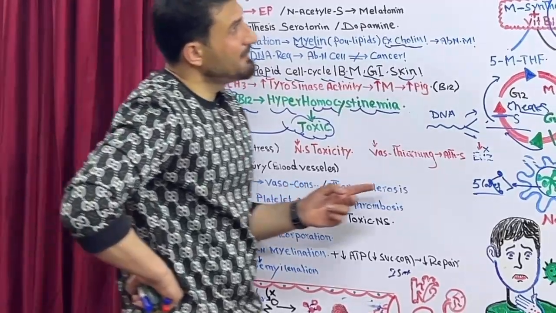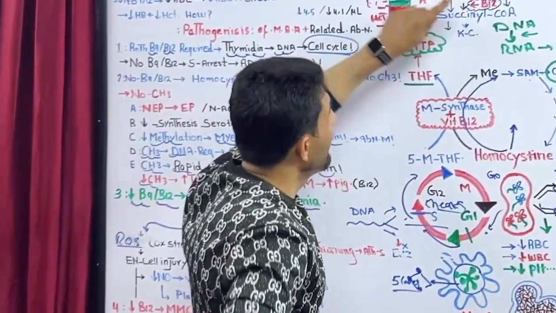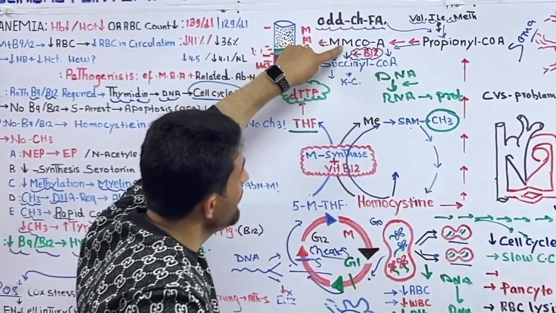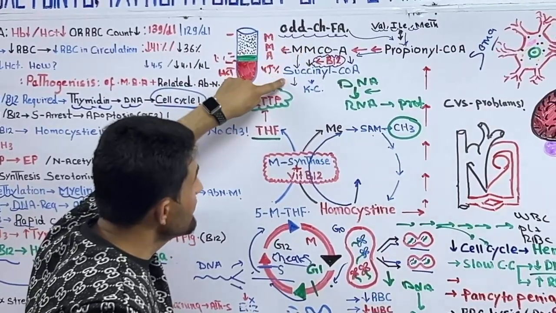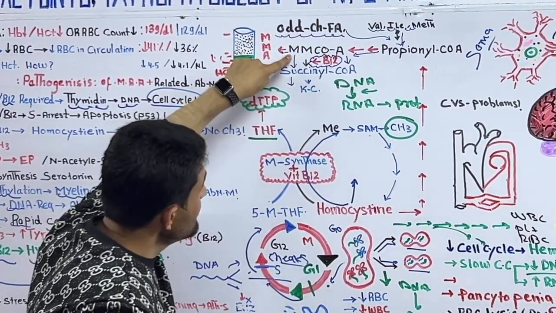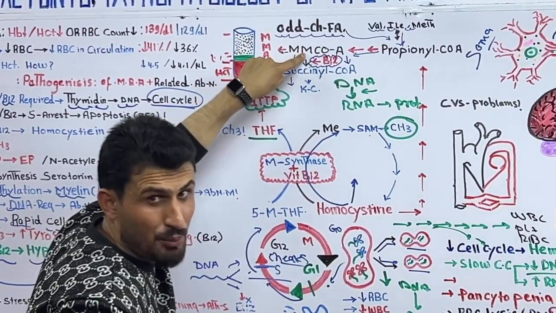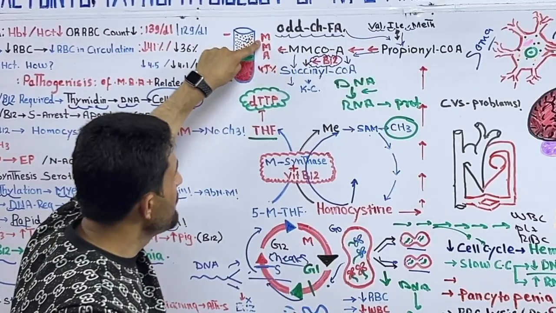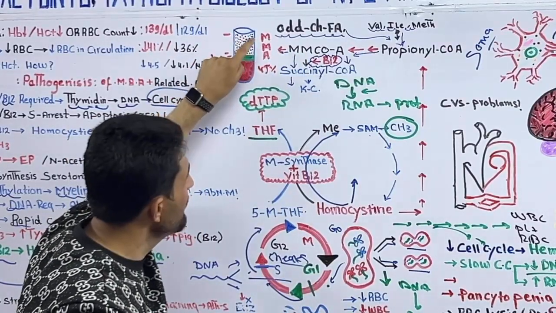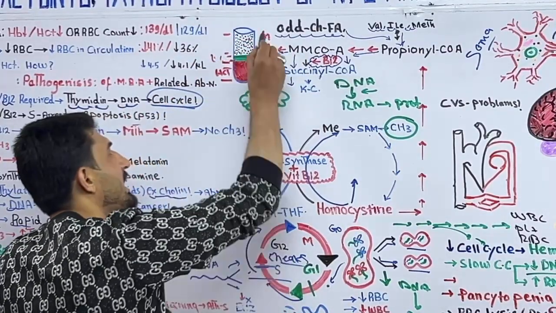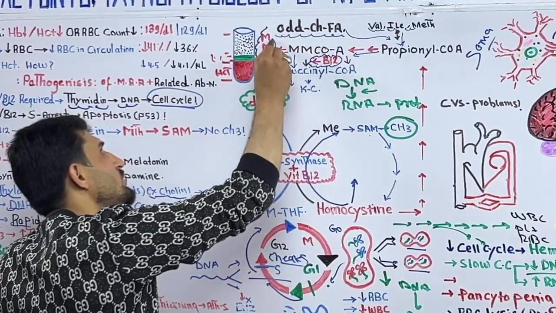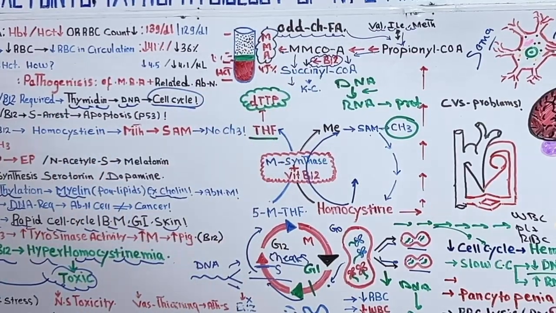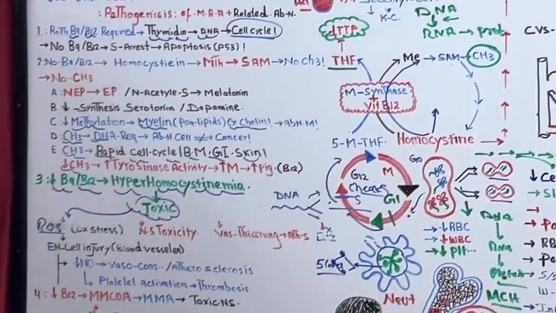When I don't have enough vitamin B12, I cannot convert methylmalonyl CoA to succinyl CoA, and this methylmalonyl CoA accumulates in the form of methylmalonic acid, and this methylmalonic acid is also toxic. It's toxic for different parts of the body.